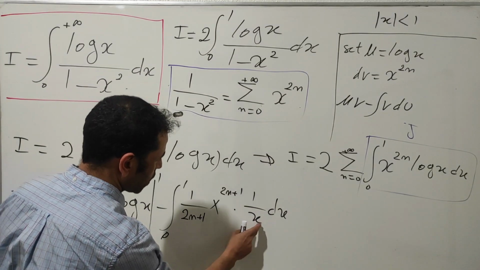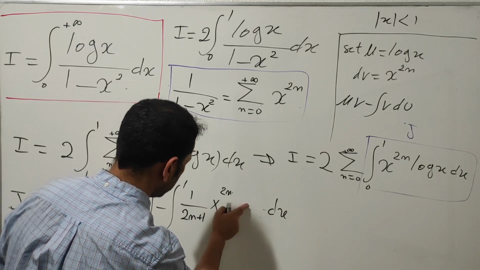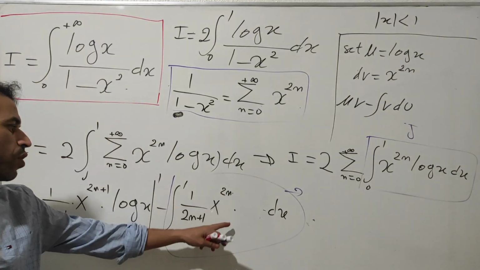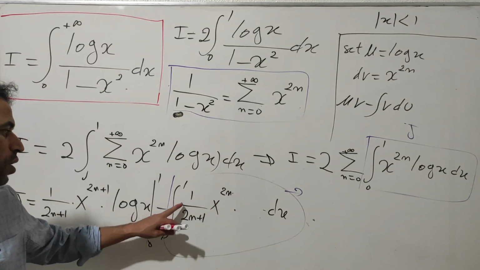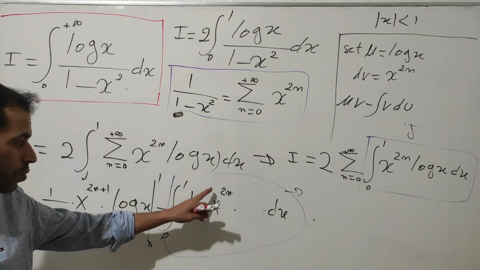Simply, this x will be cancelled out with this exponent, and it becomes x to the 2n. It's simpler to evaluate this integral if I take 1 over 2n plus 1 out of the integral because it's a constant.